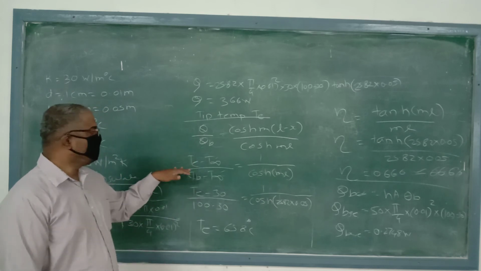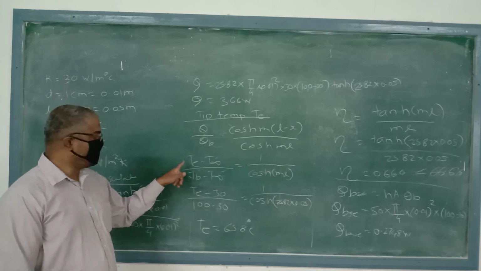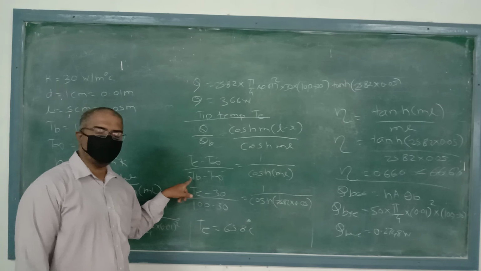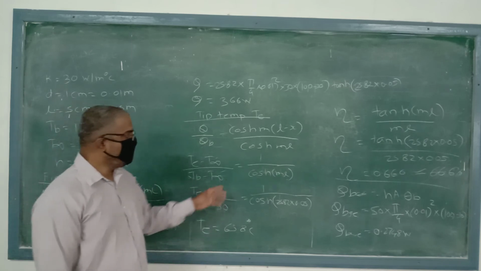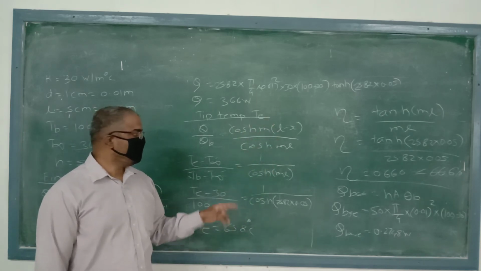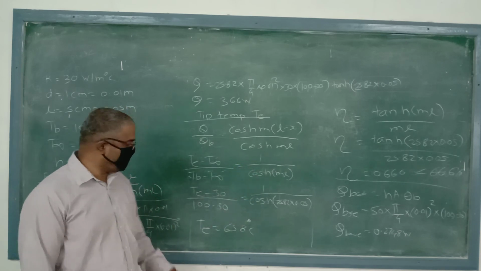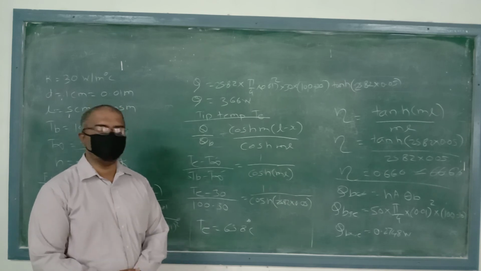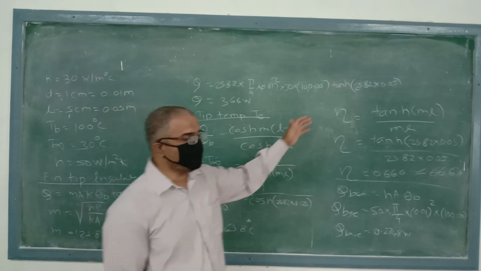In this formula only the unknown is there, so we are modifying this formula: tip end temperature minus surrounding temperature upon base temperature minus surrounding temperature, equal to cos hyperbolic m into bracket l minus x upon cos hyperbolic ml. We are substituting the values, and we are getting the temperature at the end of the tip of the fin, which is 65.8 degrees Celsius.